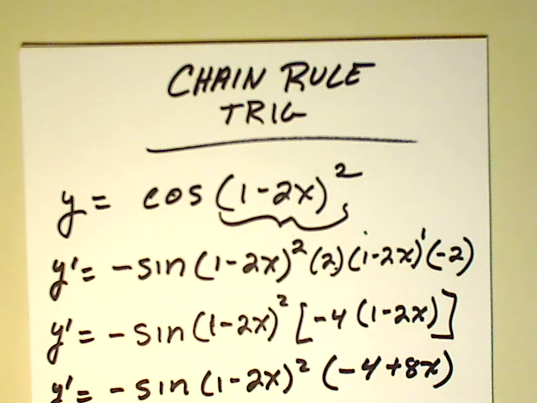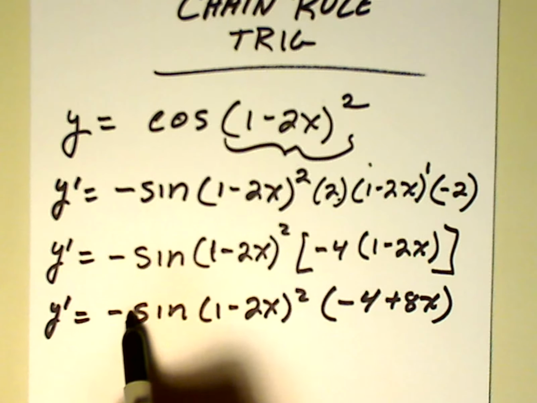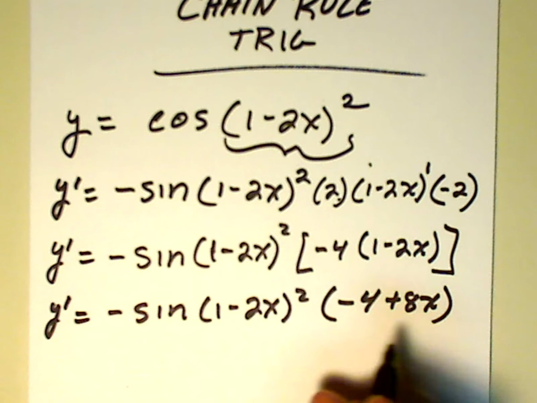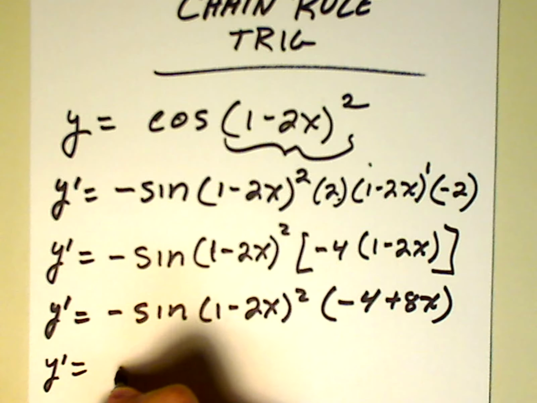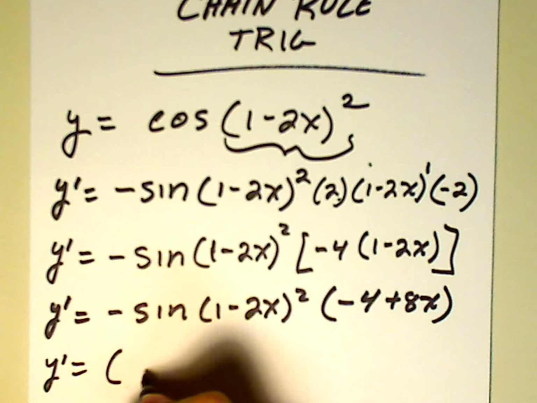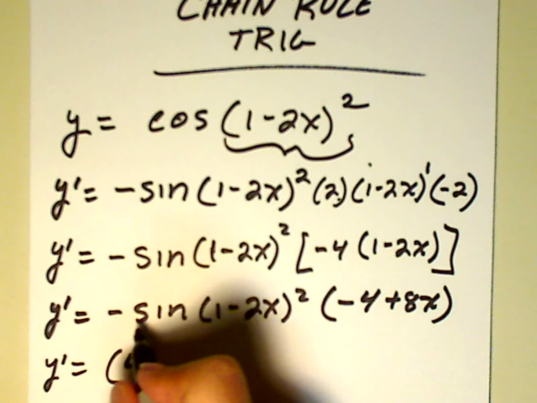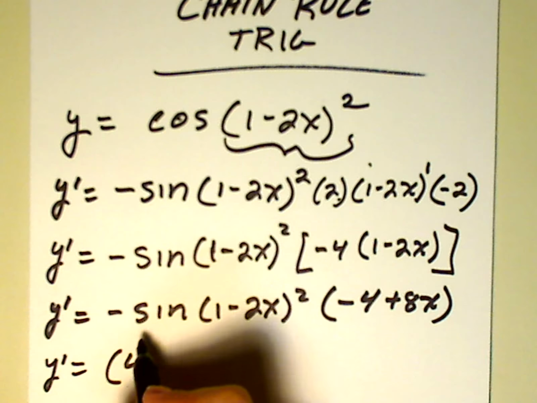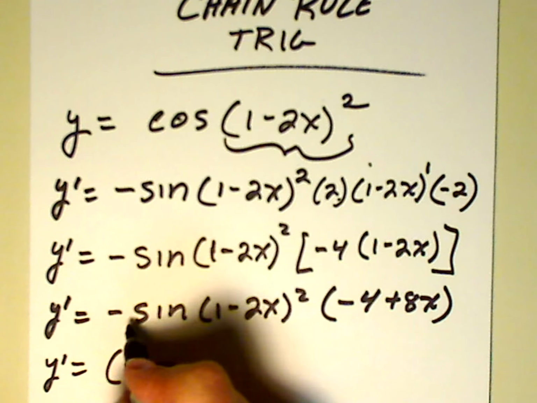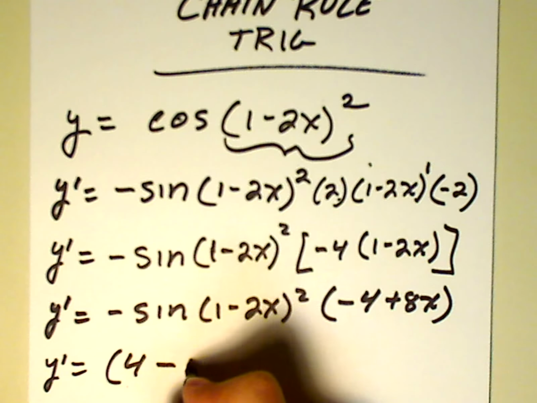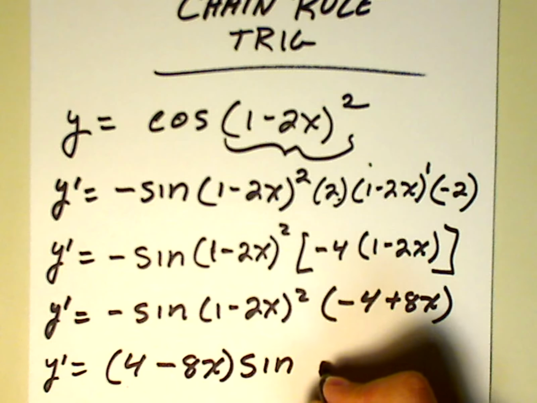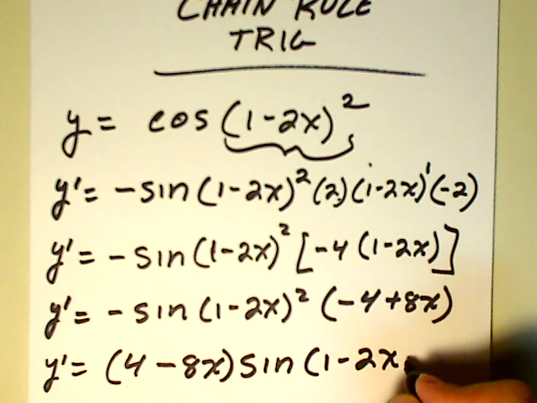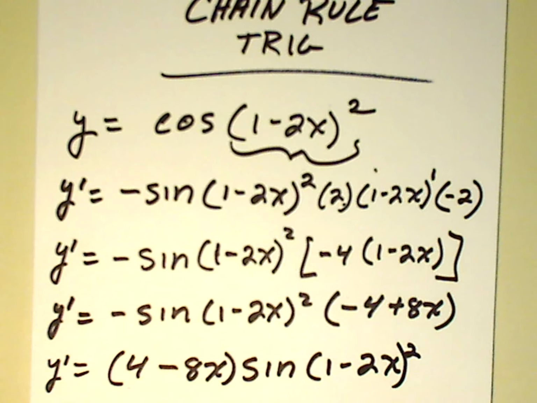And what I'm going to do here is we have this negative 1 hanging out over here. Let's distribute that here. So we get y prime is equal to 4, since negative 1 times negative 4 is 4, minus negative 1 times 8x, which is minus 8x, times the sine of 1 minus 2x squared.